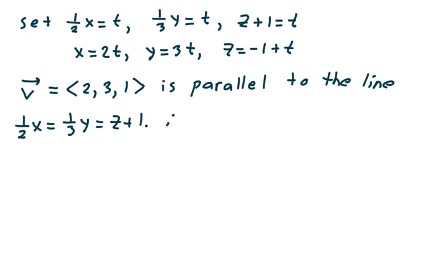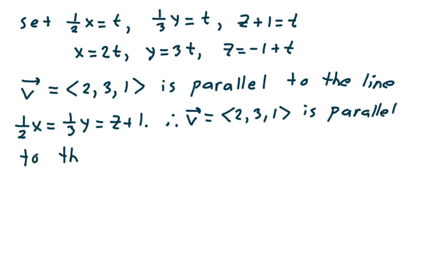So therefore, v, which is equal to the vector 2, 3, 1, is parallel to the line we want. I hope that makes sense.